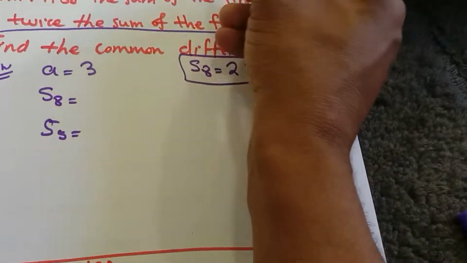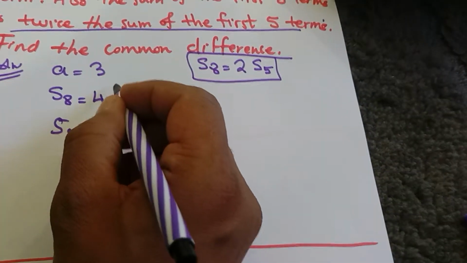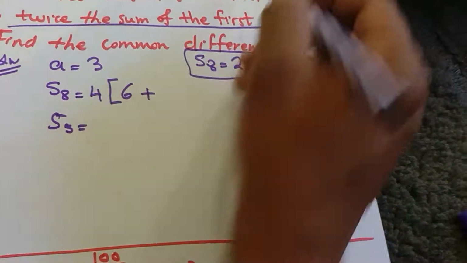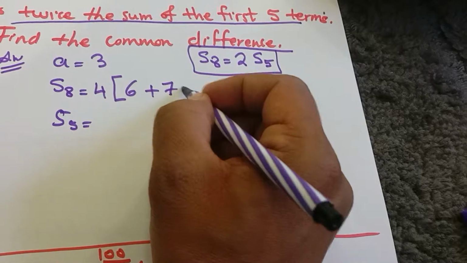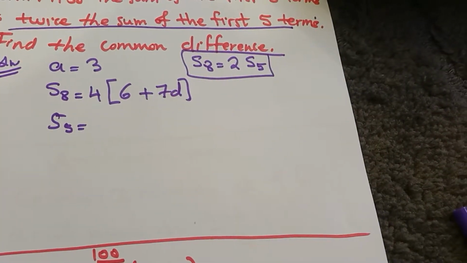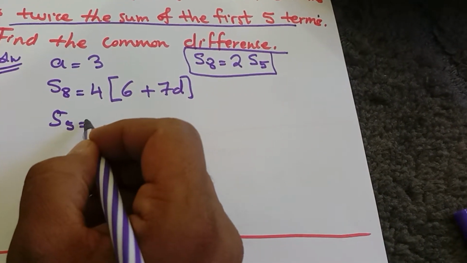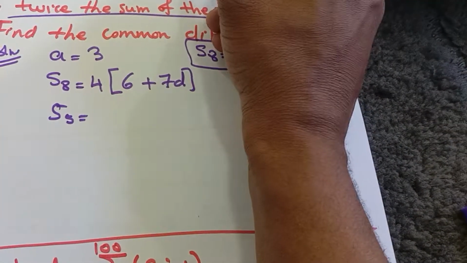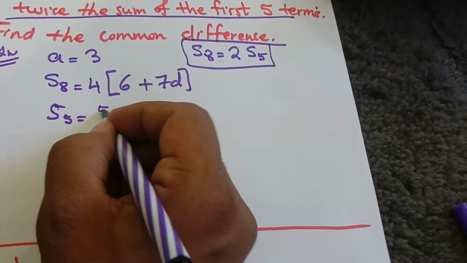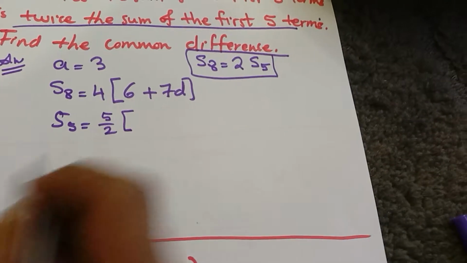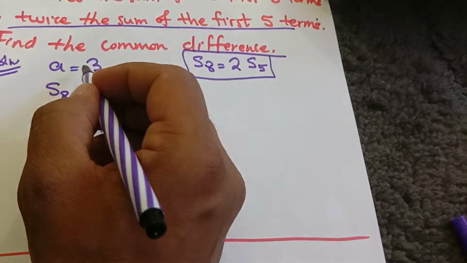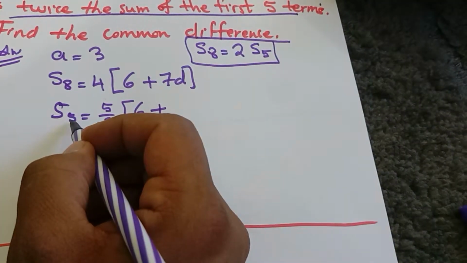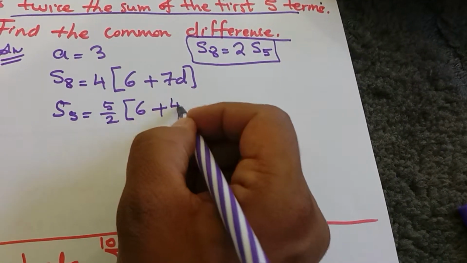Now S8 will be 8 over 2, which is 4, and 2 times a, which is 6, and n minus 1, which is 7d, because we don't have the difference. And here S5 equals 5 over 2, then 2 times a, a again is 3, so that's 6, and n minus 1, n is 5 here, so that's 4 times d.